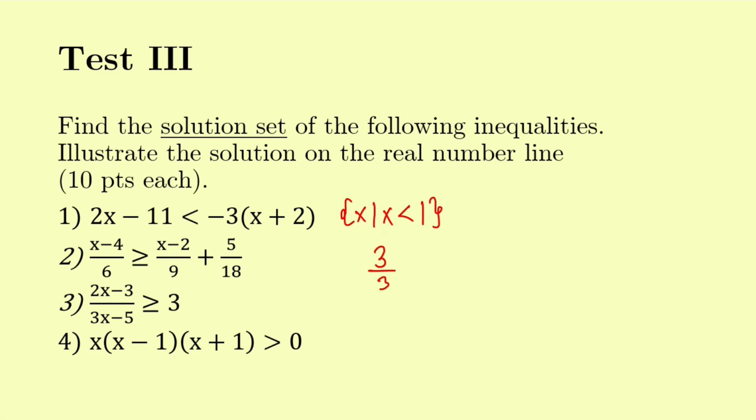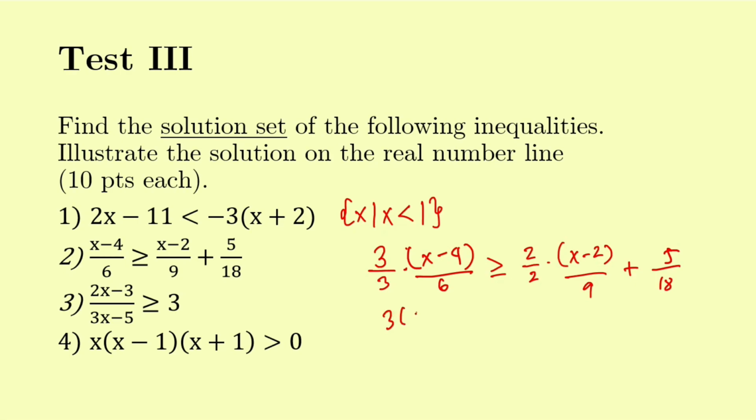So 3 over 3 multiplied by x minus 4 all over 6 is greater than or equal to 2 over 2 multiplied by x minus 2 all over 9 plus 5 over 18. In order to end up with 3 times x minus 4 all over 18 is greater than or equal to 2 times x minus 2 all over 18 plus 5 over 18.